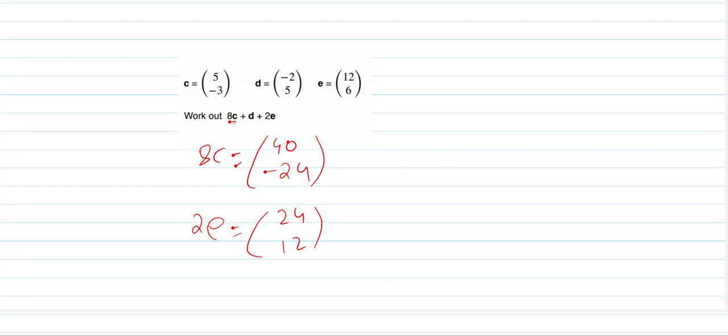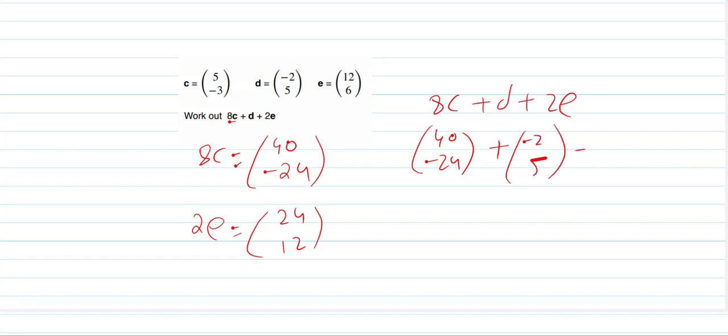So now let's take what you have to find. We have to find 8C plus D plus 2E. So 8C is this, 40, minus 24, plus D is minus 2, 5, and 2E is 24, 12.